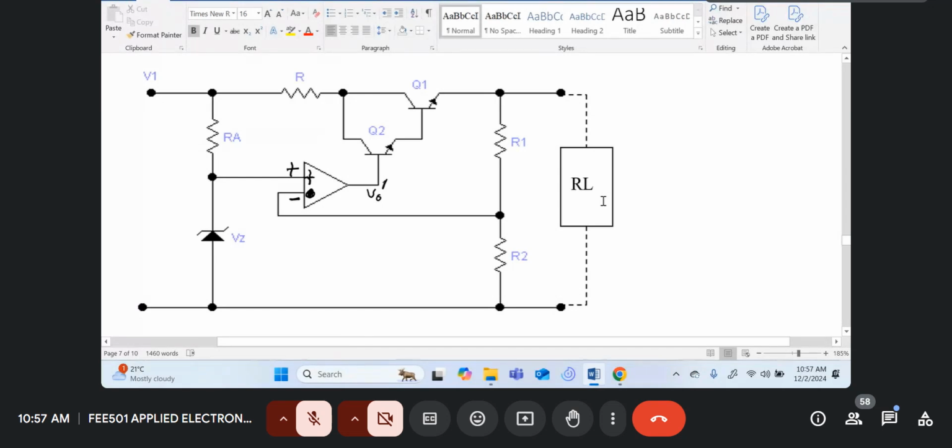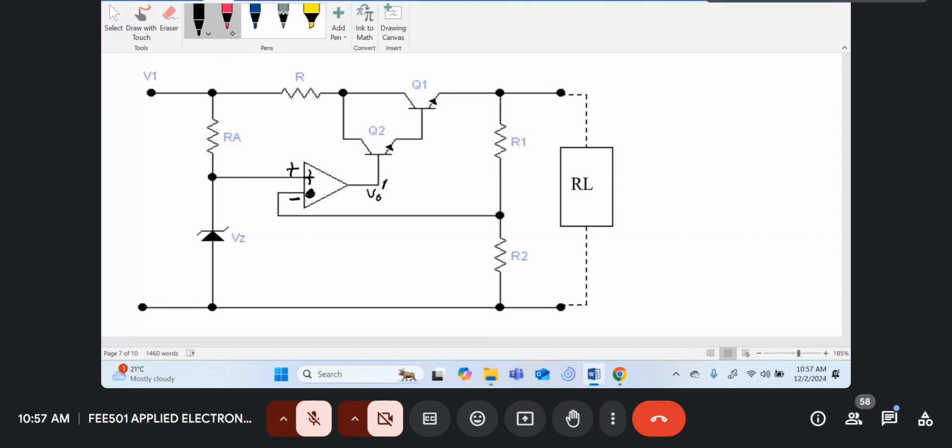So now let's see how this circuit will work. How does it work? Let's assume the output voltage was initially at the optimum design voltage.